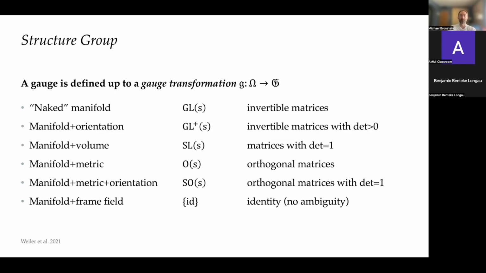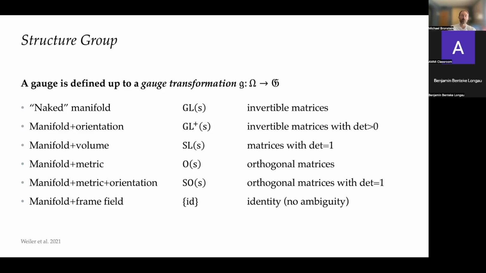So we can restrict our ambiguity to orthogonal matrices that preserve directions. Now, orthogonal matrices can still flip the orientation, right? And this is exactly what happens on surfaces such as the Möbius surface, which is not orientable. So if I have a manifold that has metric and orientation, I can also restrict these matrices to have determinant 1, right? So they preserve orientation, and we are talking about the special orthogonal group.